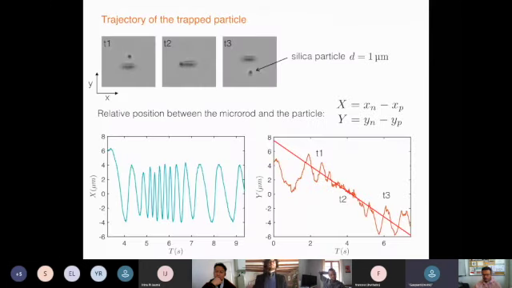So this is illustrated in the 3 snapshots here, where, as I told you, you have a transverse motion, and one can study this transverse motion by looking at the relative position of this silica particle with respect to the center of mass of the nanorod. So in the first figure, you see the x relative position, x being the direction of motion of the microrod.